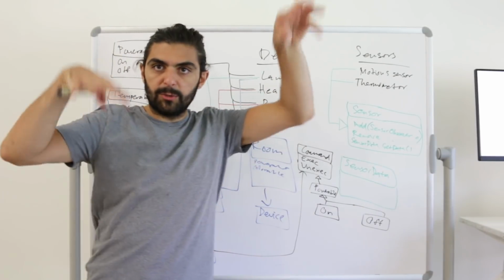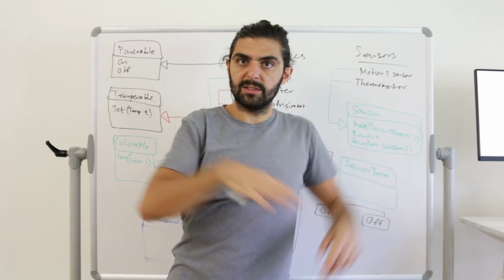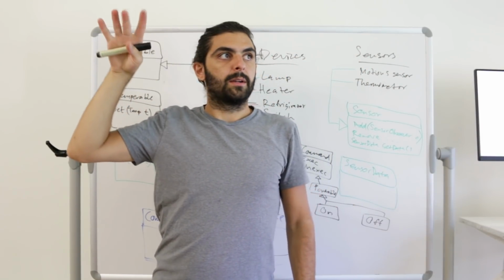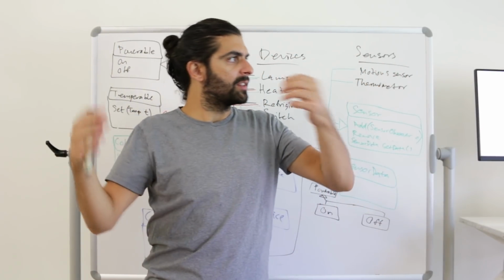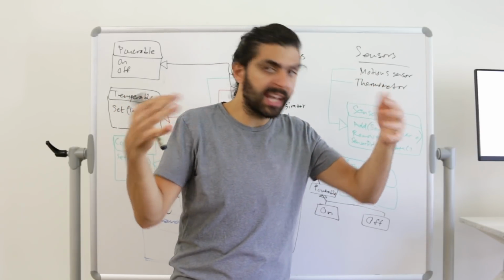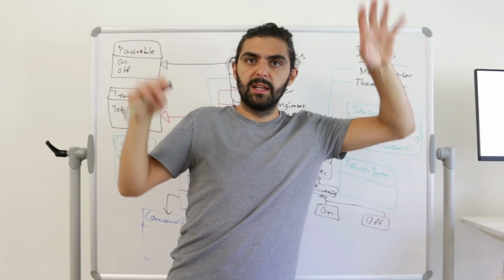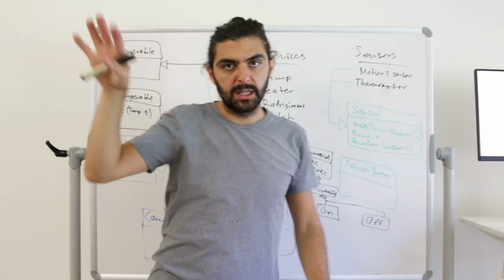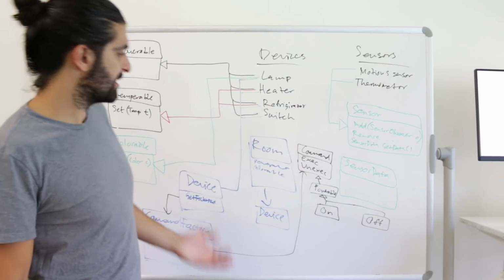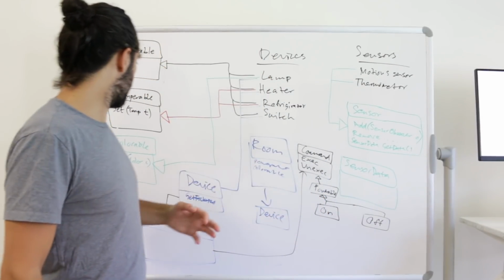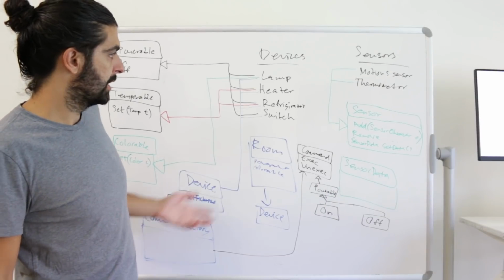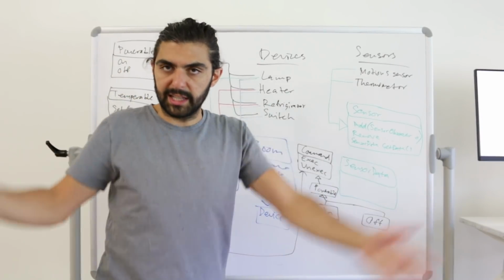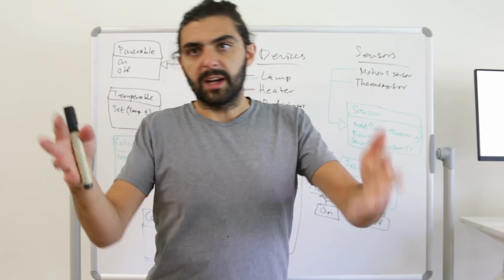And it's this confusion around the commands, or this disconnection, this incompatibility between some commands and some devices. Like you can't send a colorable command to a refrigerator. It's not like, oh, that's fine, we'll just do nothing.